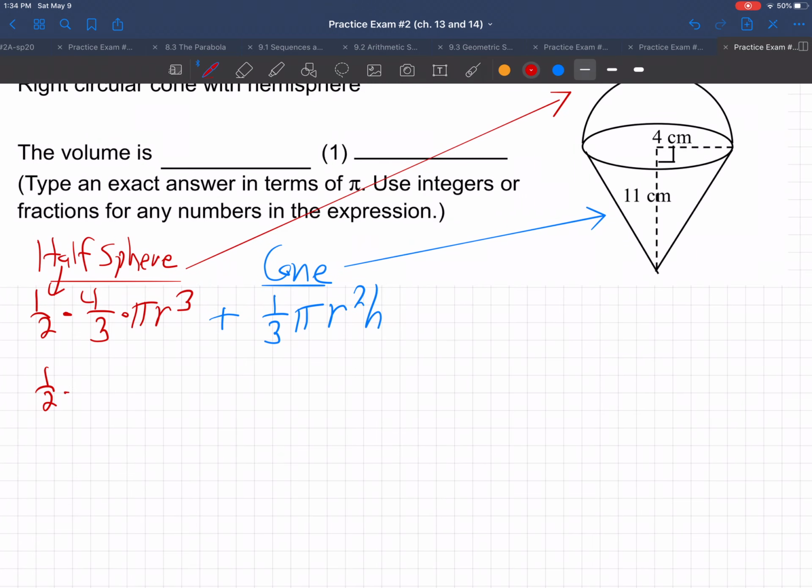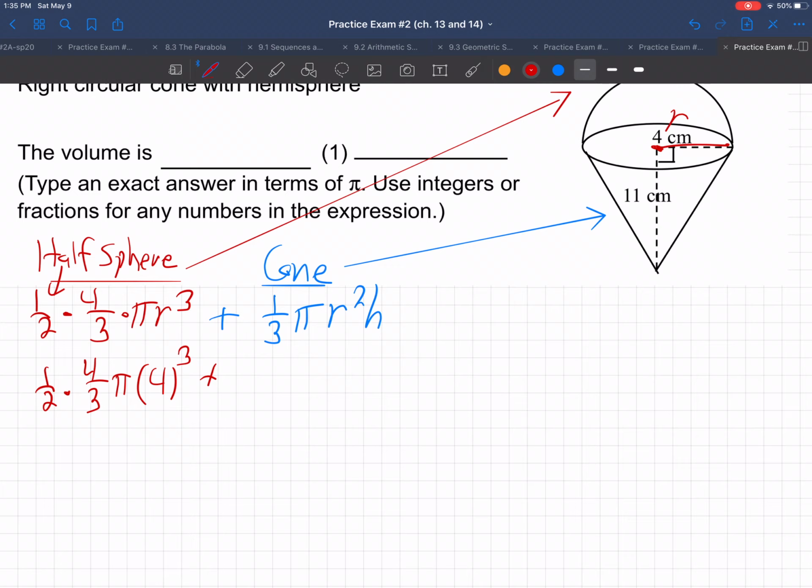So it's a half times 4/3 times pi. The radius is from the middle to the edge. So there's our radius right there, 4. Let me simplify this.